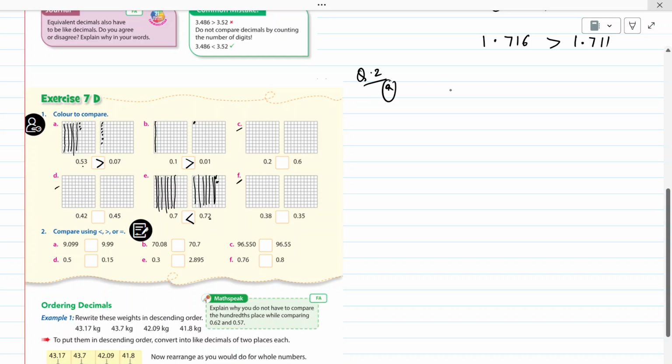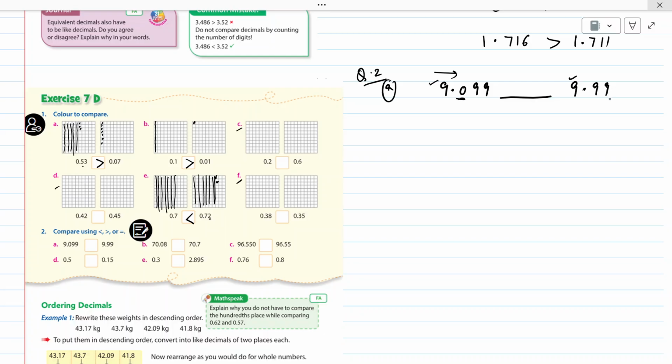Okay, now let's move to question number 2, where we are given numbers to compare. The first one we have is 9.099, and we compare it with 9.99. So kids, always remember we have to start comparing from the left. When we start comparing from here, we see this 9 and this 9 are the same. Now we compare the number at the 10th place, that is the place after the decimal. The first place after the decimal is the 10th place.